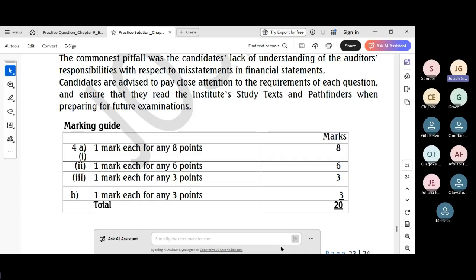Then any refusal to amend, if there is a pre-release, they've not released the financial statements. If management refuses to amend the financial statements and the report has not been released, the auditor should modify the opinion, either qualify it or give an adverse opinion.